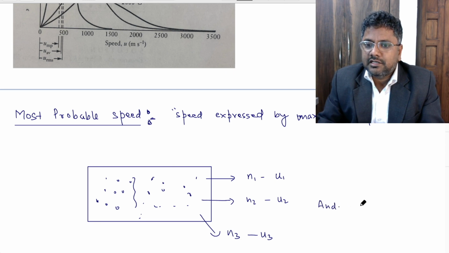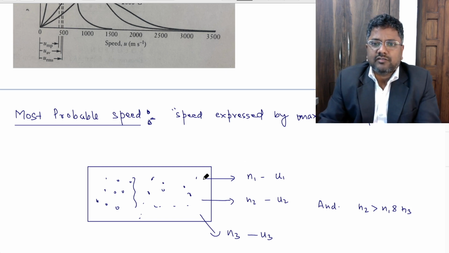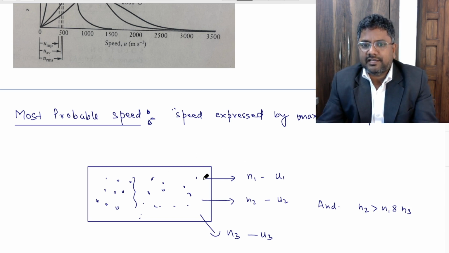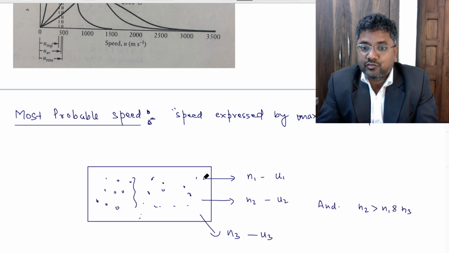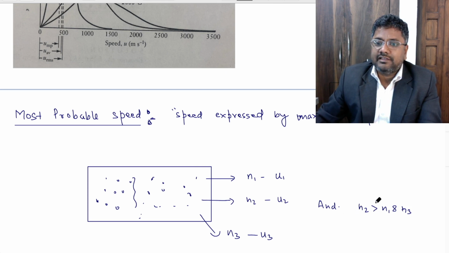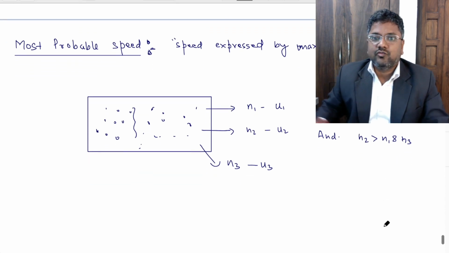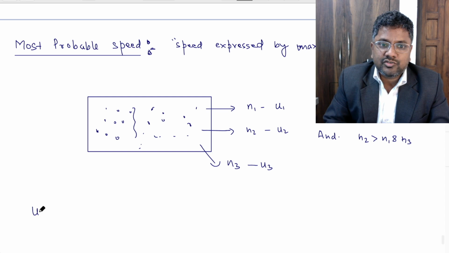And n2 is greater than n1 and n3. Suppose this condition is given. Then what is the most probable speed? Since n2 is the maximum, the most probable speed is equal to u2.